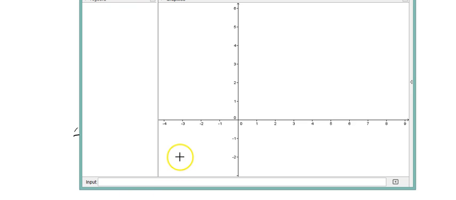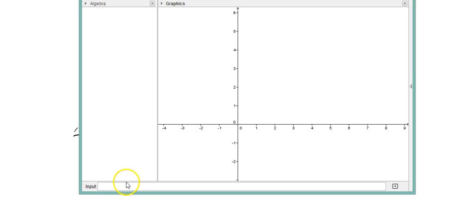I'll just put this equation over here, the same one which we took earlier. I have taken f(x), so I just took y less than or equal to x square minus 5x plus 4.